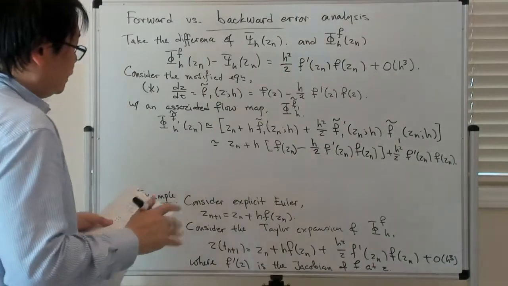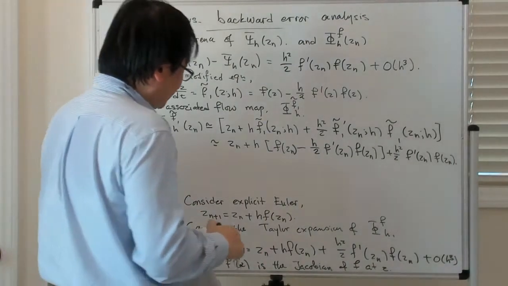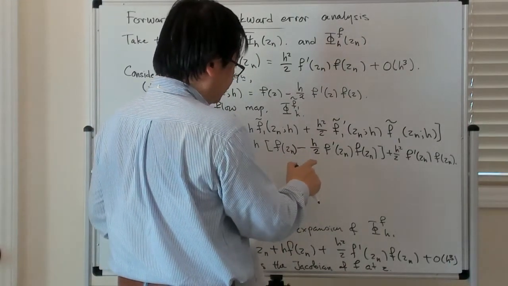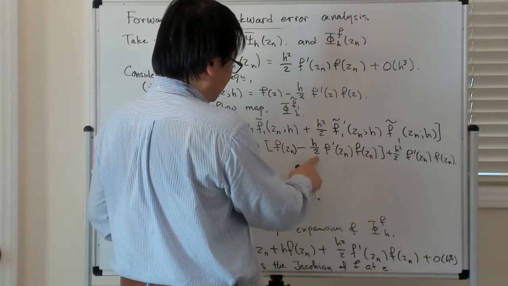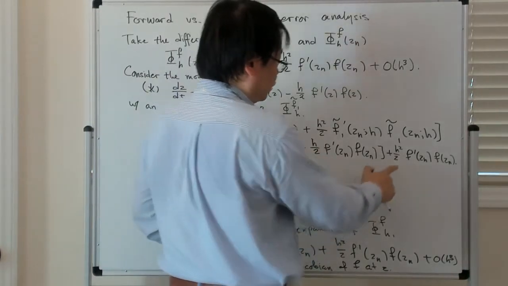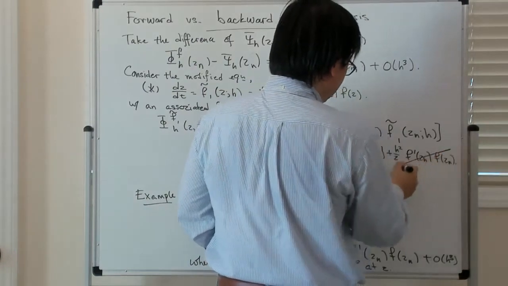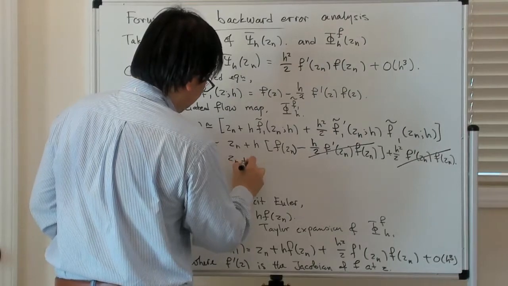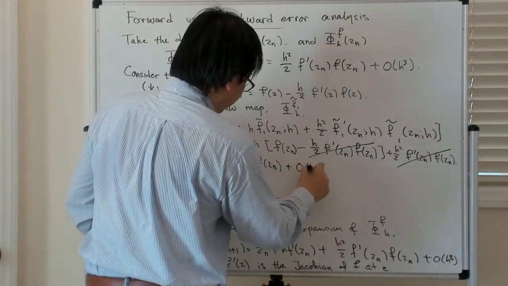Okay, and of course what happens now is that if you look at the terms in h squared, this factor h multiplies into this. You get the minus h squared over 2 f prime(z_n) f(z_n) term, which cancels out the h squared over 2 f prime(z_n) f(z_n) term. So you're just left with z_n plus h f(z_n), plus an error term which is of order h cubed.